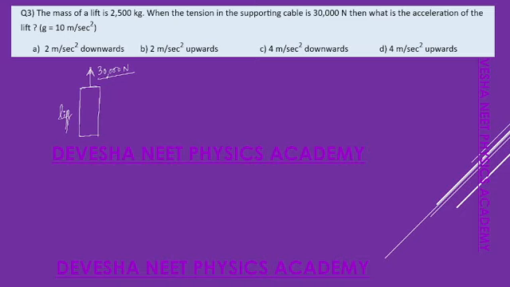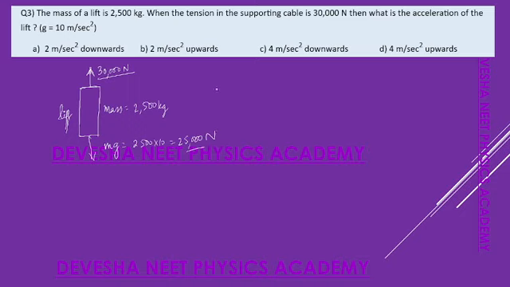Okay. What is the mass of the lift? Mass is equal to 2500 kg, right? And you know gravitational force will act downwards, right? So the gravitational force is mg, which is 2500 into 10, equal to 25,000 Newton, right?